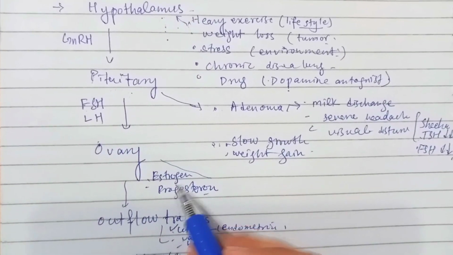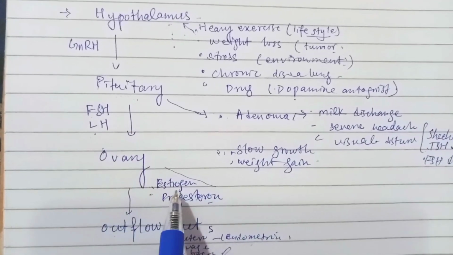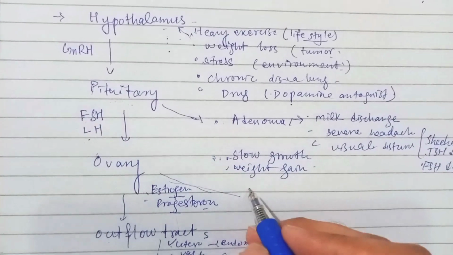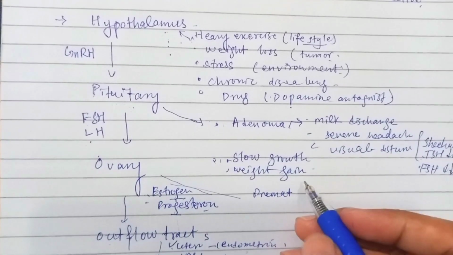With the activation of follicle stimulating hormone and luteinizing hormone, the ovary releases estrogen and progesterone. So if there is a problem in the ovary, there may be premature ovarian insufficiency.